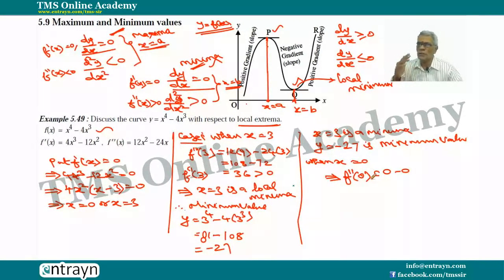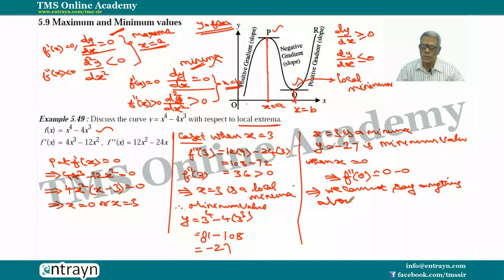Therefore we cannot say anything about the maxima or the minima of the function. So our test fails, and we cannot say anything about extreme values. Extreme values means local maxima or minima.